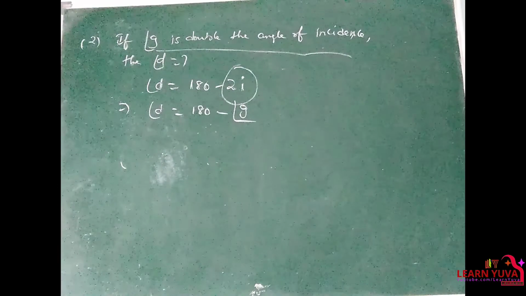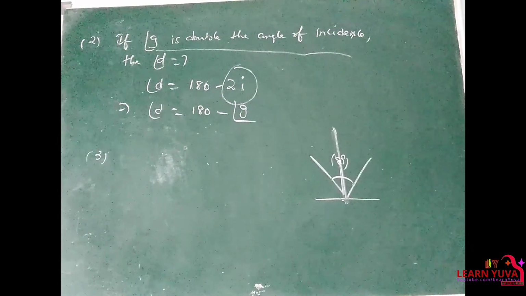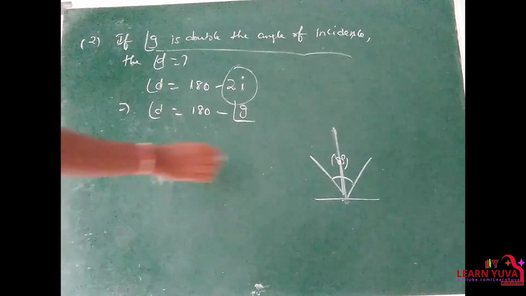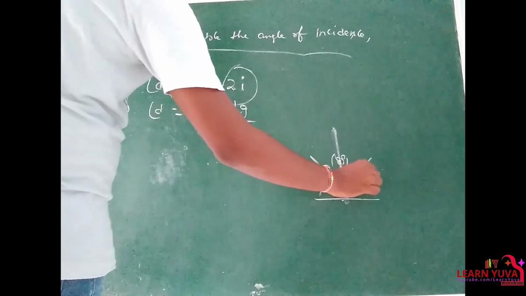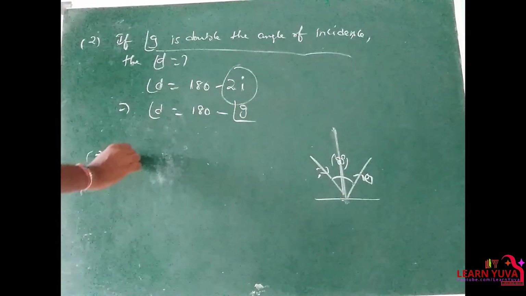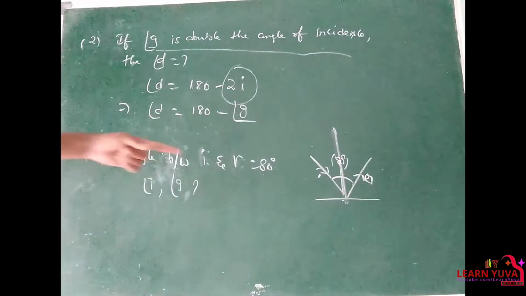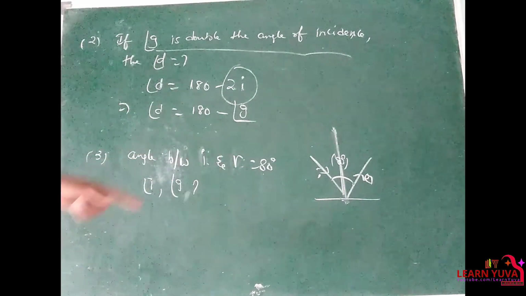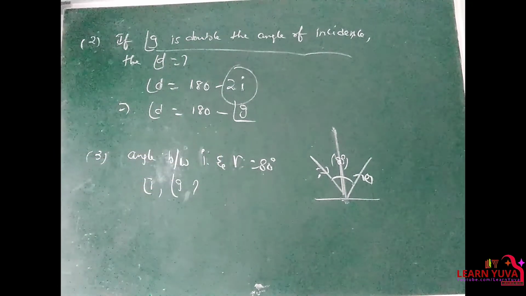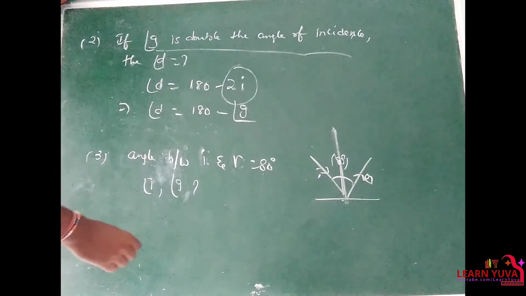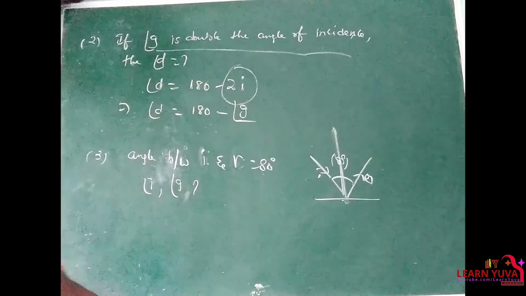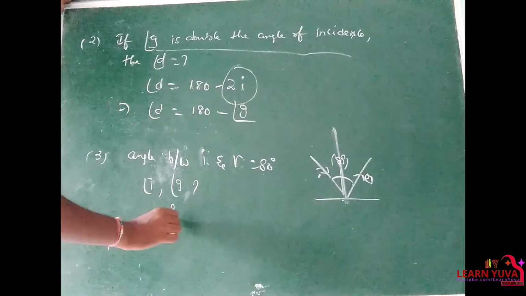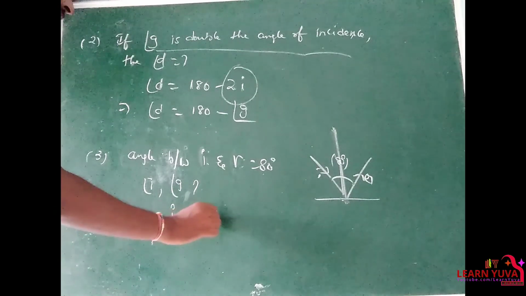Next question, if the angle between the incident ray and reflected ray is 80 degrees, then what is the angle of incidence and angle of glancing? So he gives that the angle between the incident ray and reflected ray is 80 degrees.